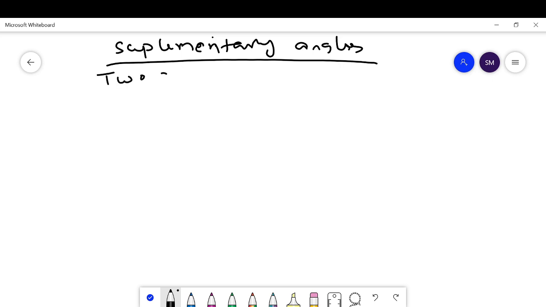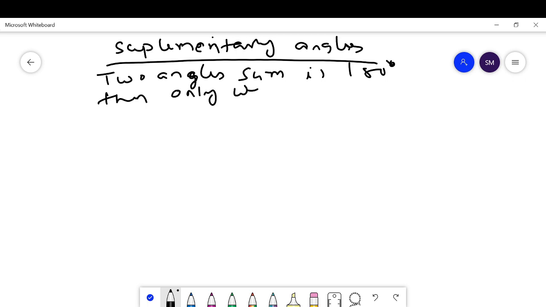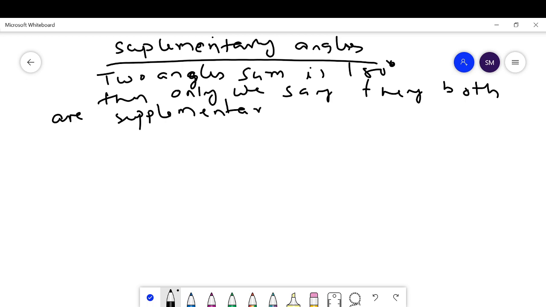When two angles sum is 180 degree, only then we say they both are supplementary to each other.